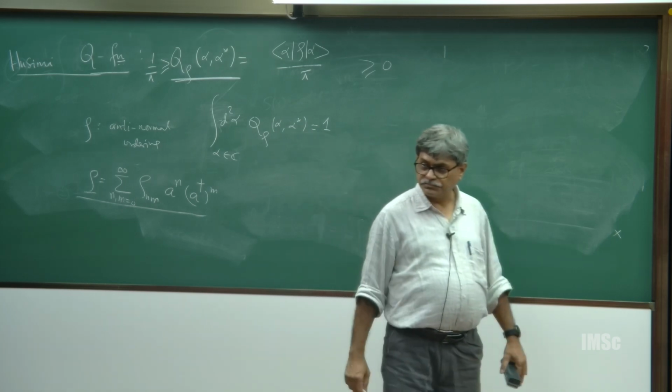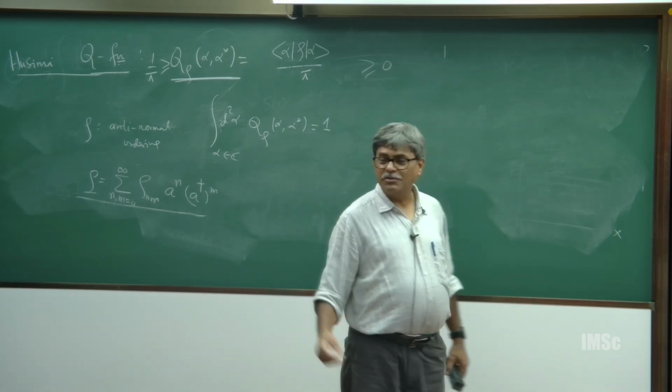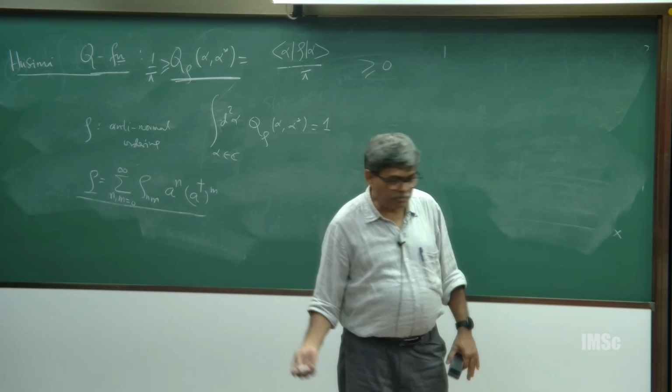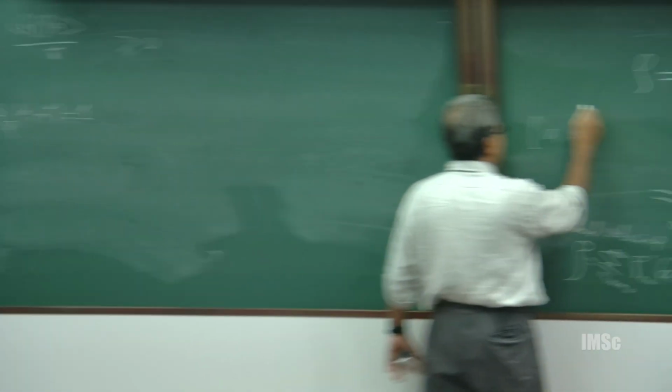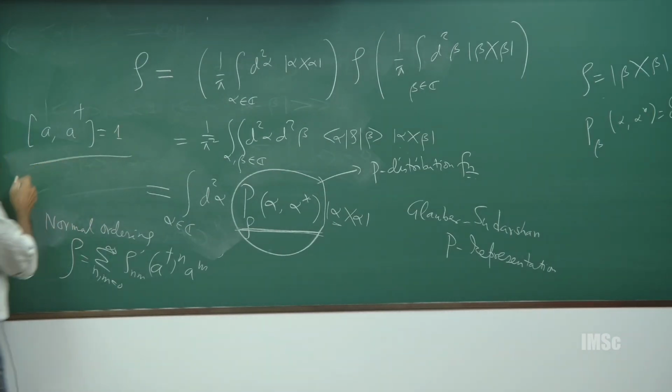In principle, what you can do is use the commutation relation, a a dagger minus a dagger a is equal to 1. You can use it to bring this into anti-normal ordering and vice versa. No, but I am saying this P function. Yes, this rho prime n m. Yes, there will be a connection, yes, there is a connection.